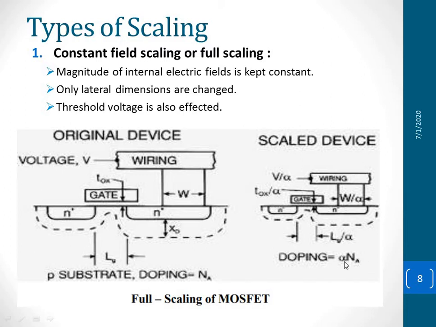The length, which was previously this size, is now scaled by alpha and reduced. Likewise, the voltage, oxide thickness, width and length are scaled down, but not the electric field inside, which is kept constant. Only the lateral dimensions are changed. Even though I change the lateral dimensions, since voltage and width are changed, my threshold voltage is also affected.